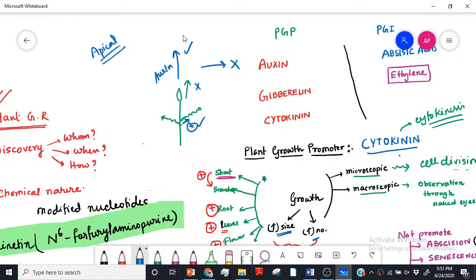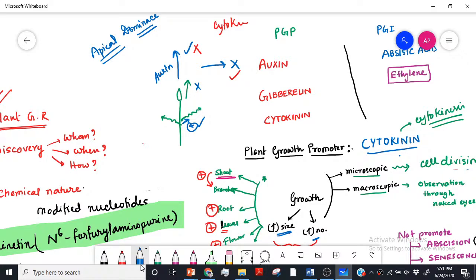Whereas cytokinin is inhibiting elongation and promoting branching. Auxin's action was known as apical dominance, meaning the apex was dominating. But cytokinin does not allow that, and hence cytokinin is said to inhibit or counteract apical dominance. Understood?